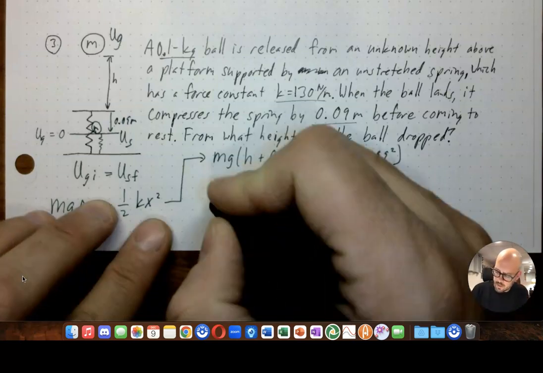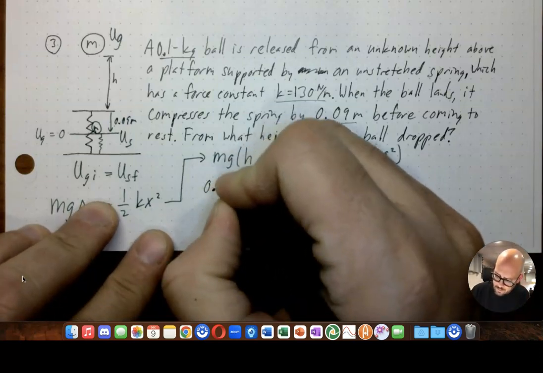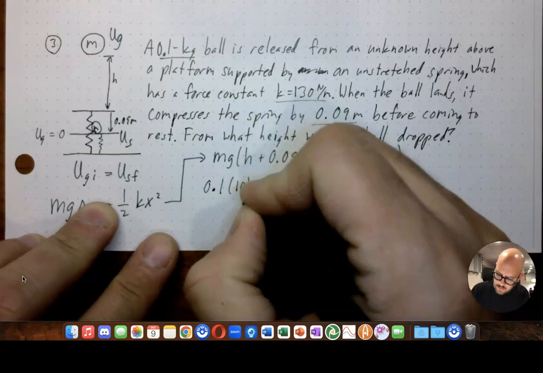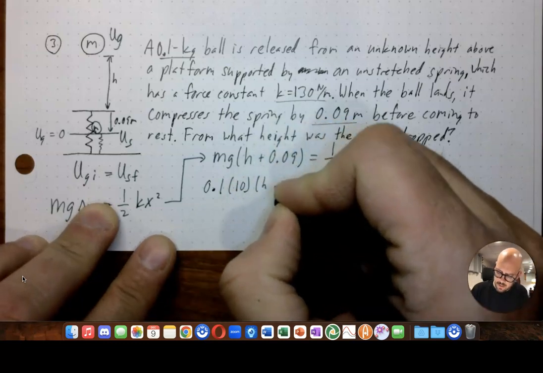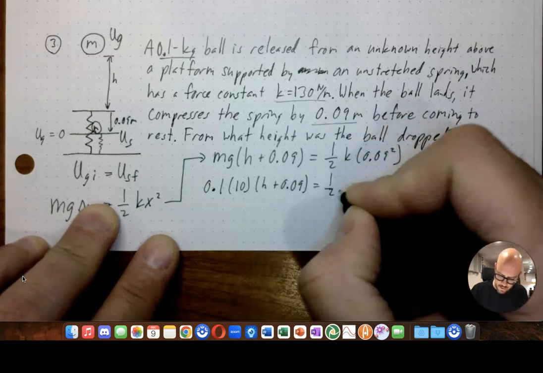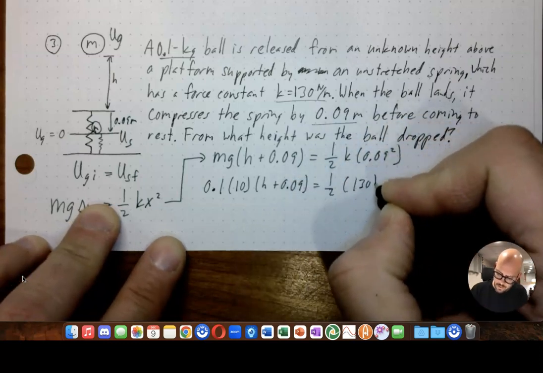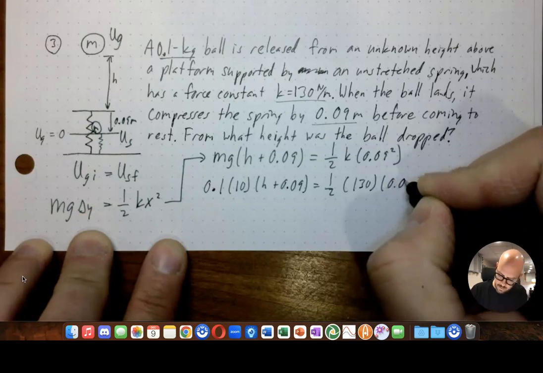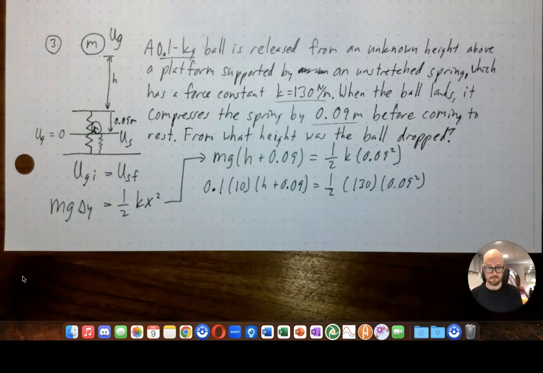Nothing else cancels, so I can start to put in all of my numbers. So the mass of 0.1, little g is going to be 10 times h plus 0.09 equals 1/2 times 130 times 0.09 squared. All right. I'm going to do a bunch of steps all at once.